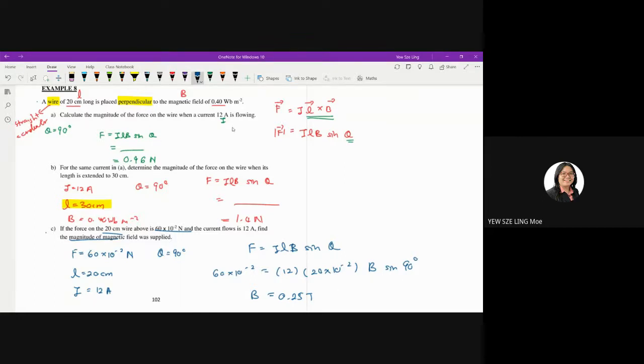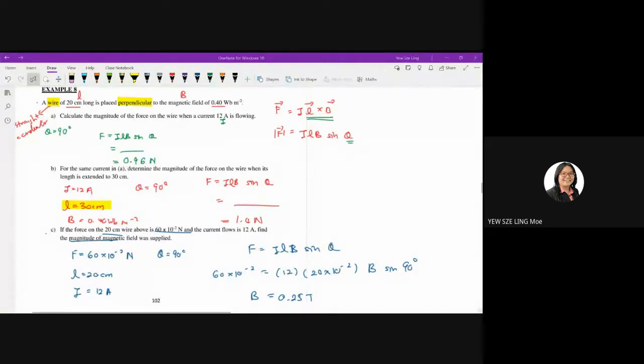All right, so 3 questions, 3 simple questions. I give you 3 minutes to write it down. Then we will proceed to example 9, the last example for today's class.